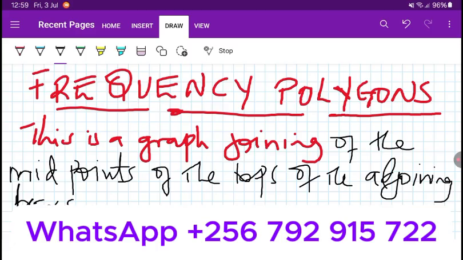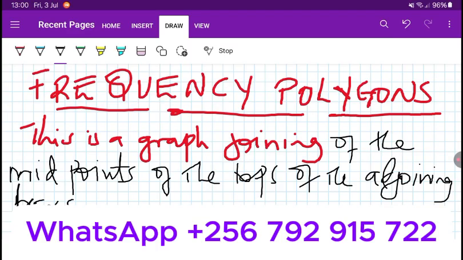Of course, there are situations where we add the class limits instead of using the class boundaries. We shall look at those different scenarios. But what you have to understand is that to get the midpoints, we get the lower class boundary and then the upper class boundary.